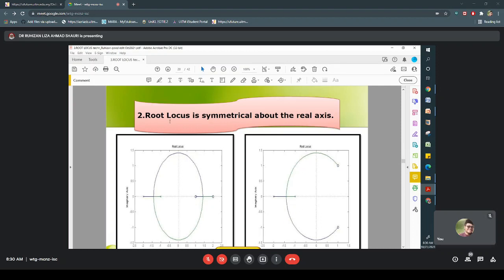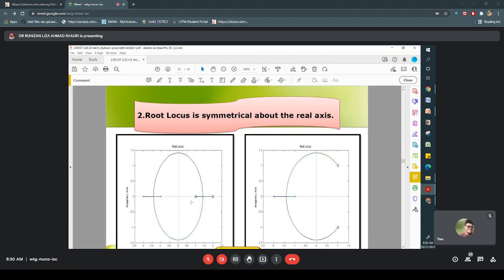Now from this rule, it says that they need to be symmetrical about the real axis. So what is the real axis? It's here, isn't it? This is your imaginary axis. This is your real axis.